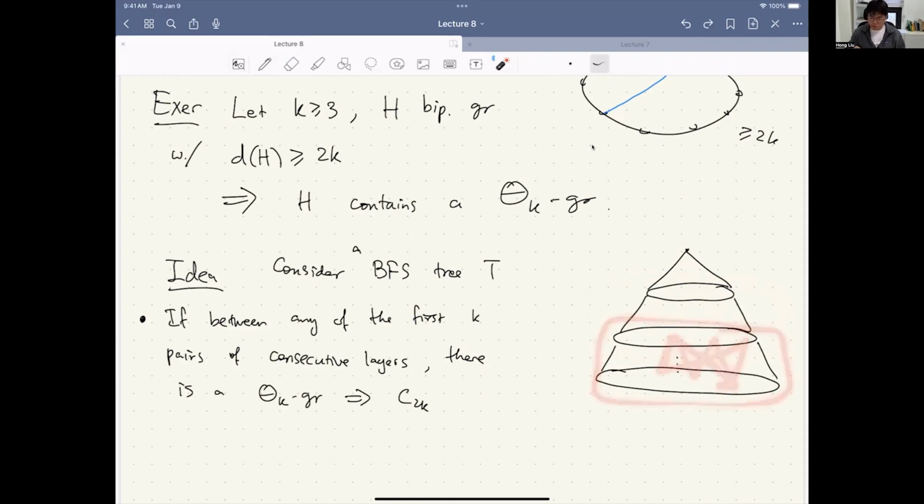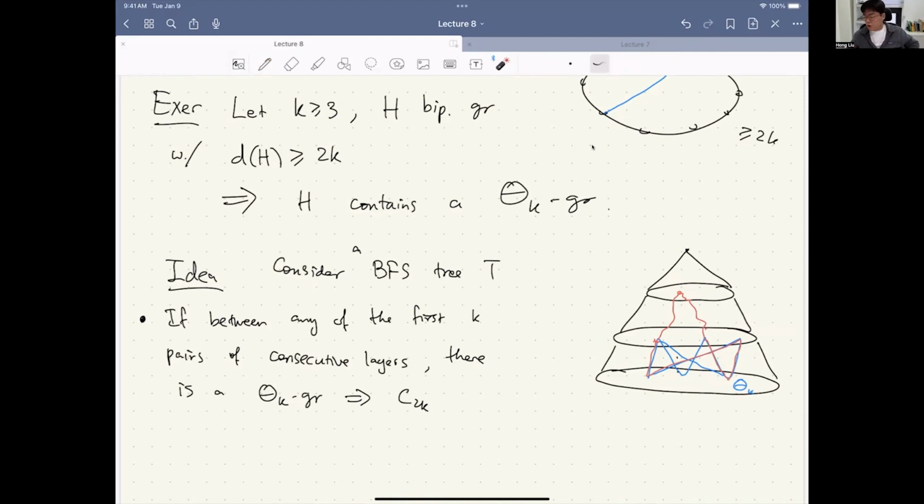This is your theta graph with a chord, this is your theta-k. Then somehow we can make use of it to trace back, maybe meeting here to find an even cycle. Maybe you go all the way back to the root. I don't know, you go somewhere and then we will use this theta-k to find the C2K.